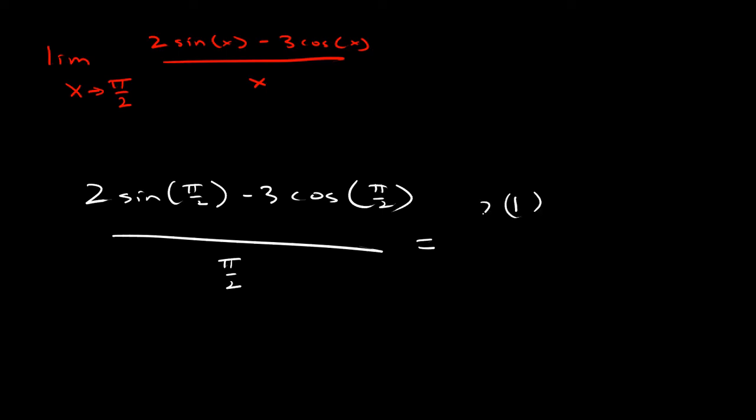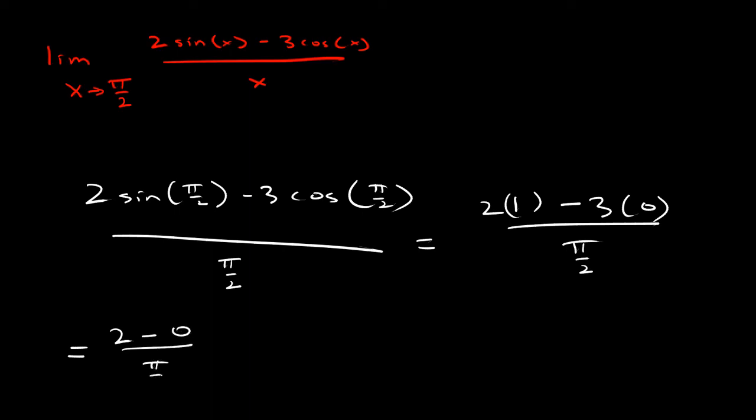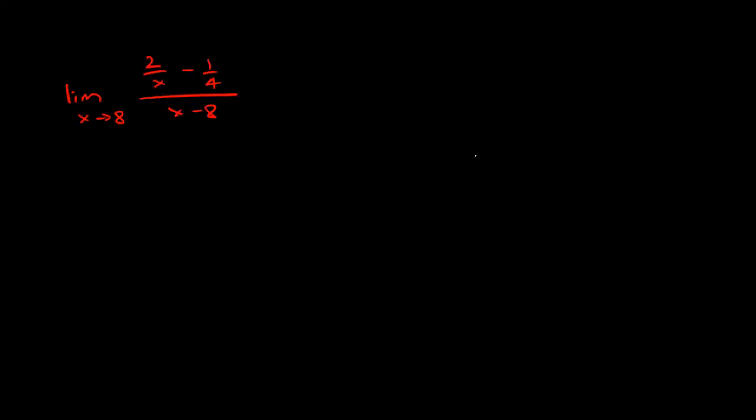We're multiplying this by 2 minus 3 times cosine pi over 2 is just 0, all over pi over 2. This is just equal to 2 times 1, which is just 2, minus 3 times 0, which is just 0, over pi over 2, which is equal to 2 over pi over 2, which is equal to 4 over pi.